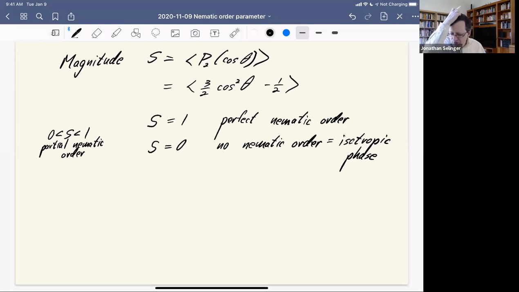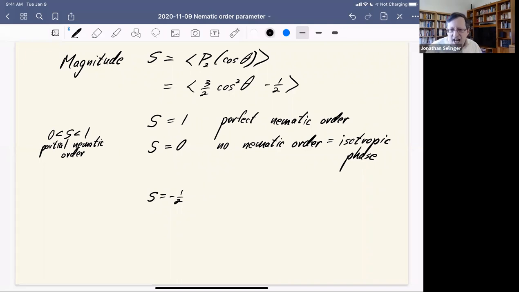Now, there's also a weird feature of this expression, which is that, suppose theta is always 90 degrees. That is, suppose the molecules are randomly distributed anywhere except in the z direction, the n direction, but randomly distributed in a plane. If theta is always 90 degrees, then the cosine of theta is always 0, and then we could weirdly say S equals minus 1/2.